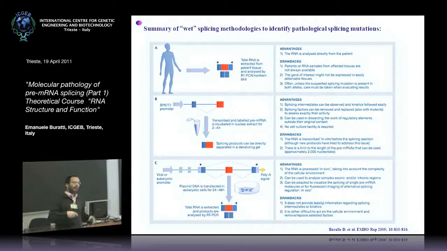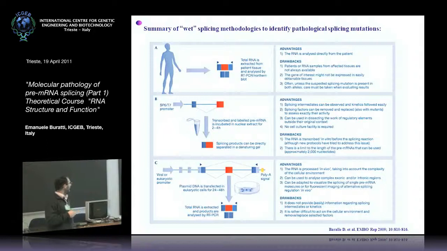Maybe they are spread over the entire Europe or in different countries, and so it is very difficult to actually go to the patients and see what is the defect in the splicing process that they may have. The other important issue that very often prevents looking directly at patients is that maybe the gene where the splicing is affected is not expressed in the available tissues.